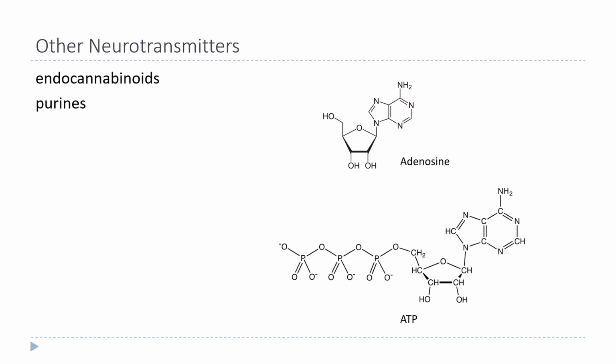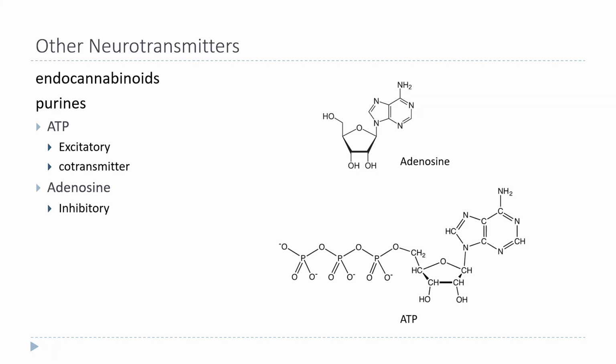Adenosine is one, the other is guanine, but adenosine in particular and its phosphorylated counterpart ATP both can act as neurotransmitters. ATP, it turns out, is generally an excitatory neurotransmitter, and it's often a co-transmitter too. It's often released with other neurotransmitters at the same synapse. Adenosine, meanwhile, actually is inhibitory.